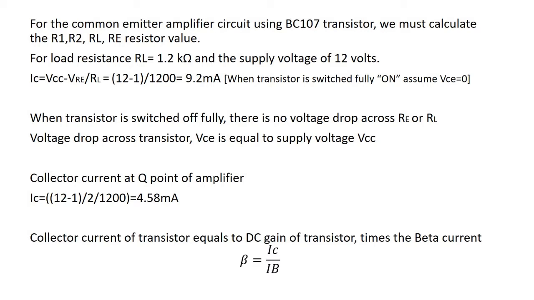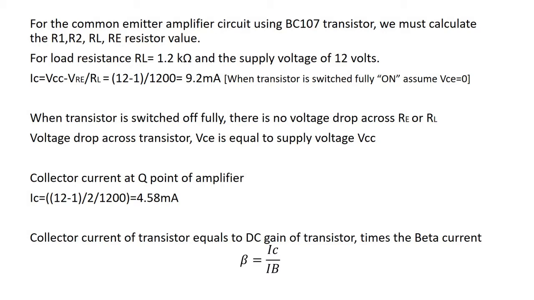To calculate the collector current across the transistor, we know that collector current is equal to VCC minus voltage across the emitter resistance divided by the load resistance, which is equal to 12 minus 1 divided by 1.2 kilo ohm, which is equal to 9.2 milliamperes.